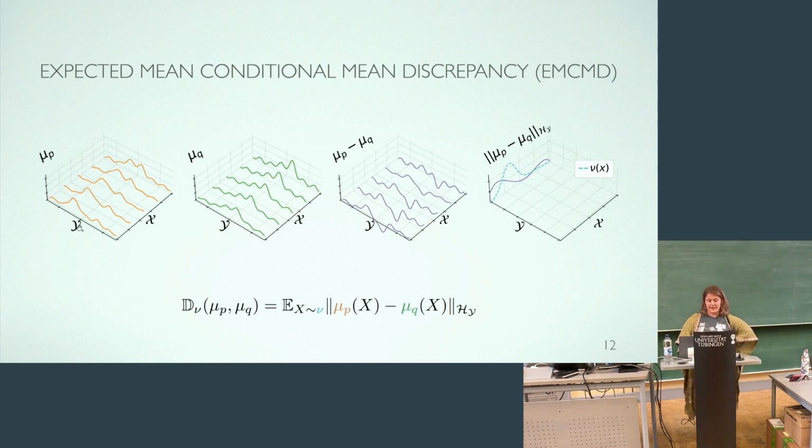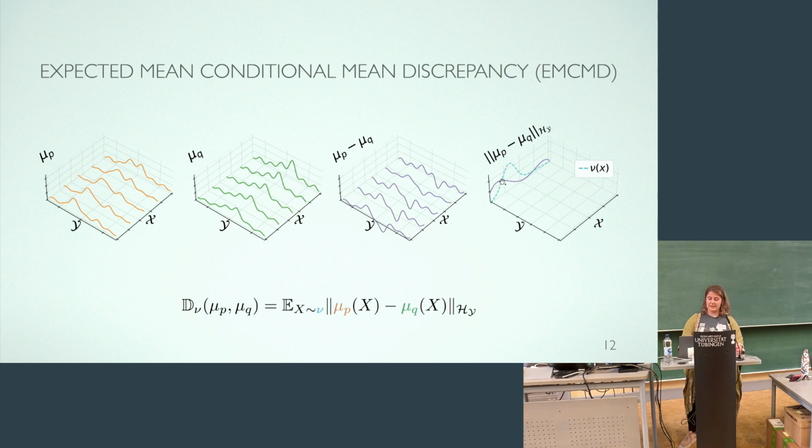As we said, they are defined on a product of spaces X and Y. We consider the difference between them, and then take the norm in the RKHS HY to get a measure, for now, of the difference between P and Q at any point x. So hopefully the interpretation of this should be, for this point x.